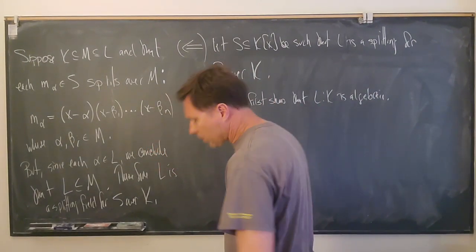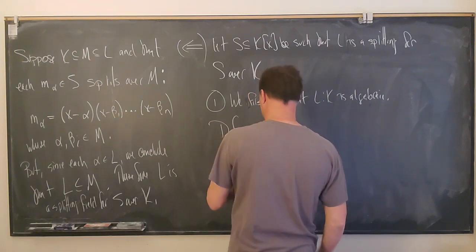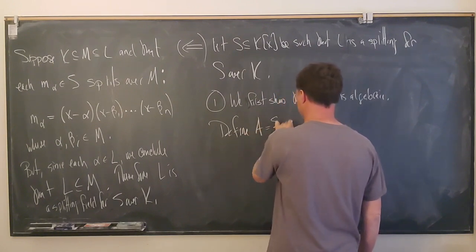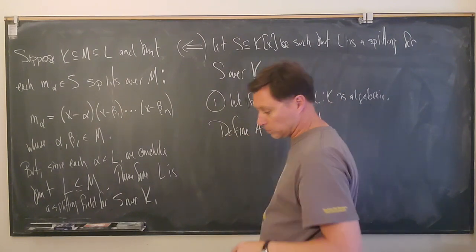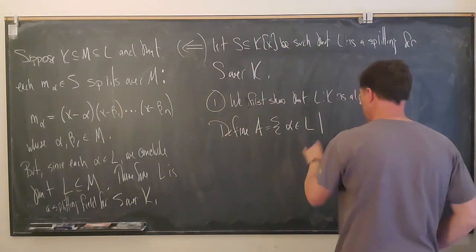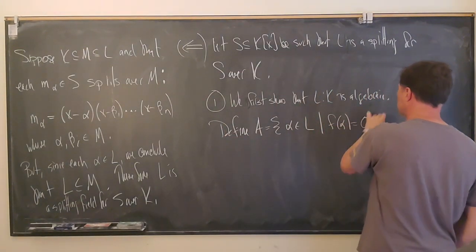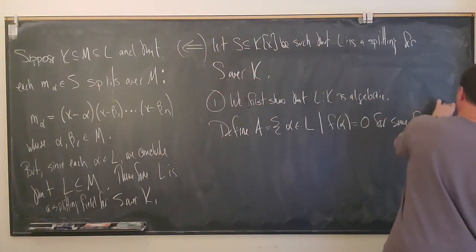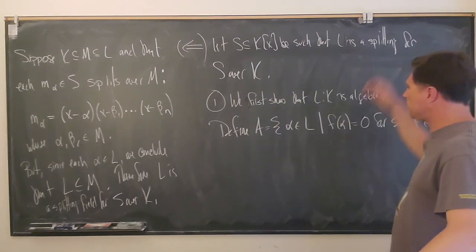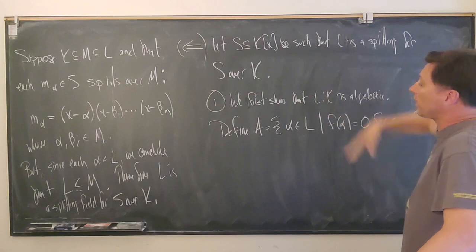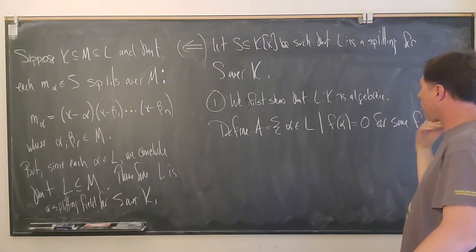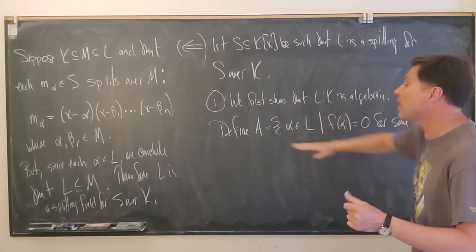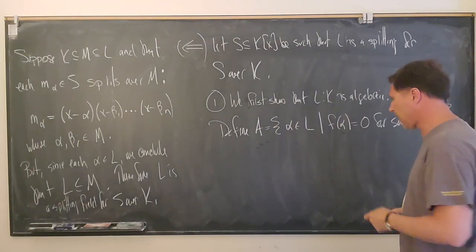Now, okay, so I'm going to define this set. Let's call it capital A, and it's going to be the set of all alpha in L such that f of alpha equals 0 for some f in capital S. So we run through all the elements of capital L, and we say, are you a root of at least one of the polynomials in S? If the answer is yes, put it in this set capital A. If the answer is no, then leave it out.